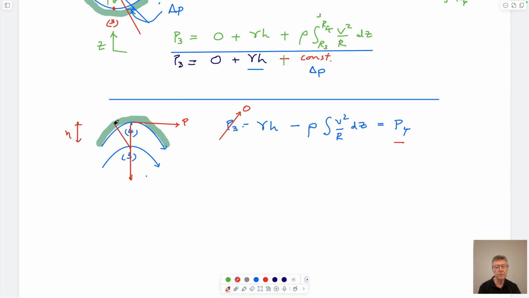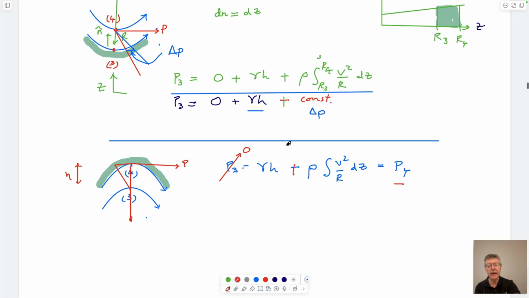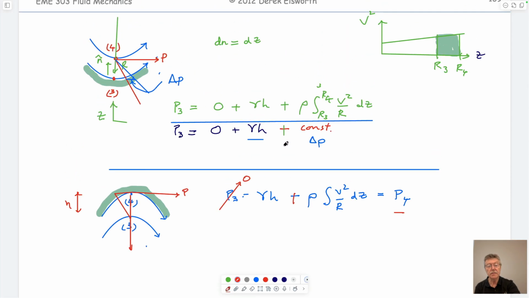So I guess the pressure distribution would be like this, and it would be getting less. The only way that it would be positive is if the magnitude of the rotation changes back to the previous magnitude, because z is upwards and n is inwards, right? So this is z, but this is n.